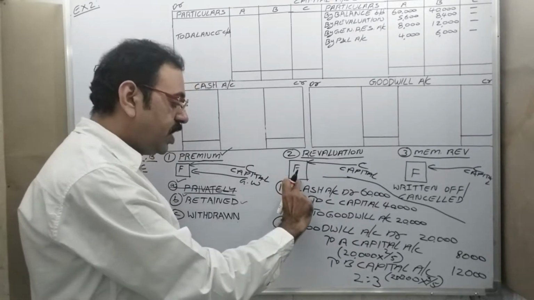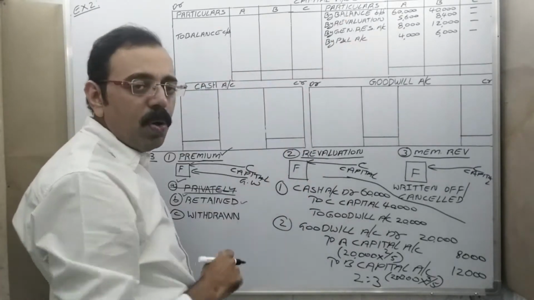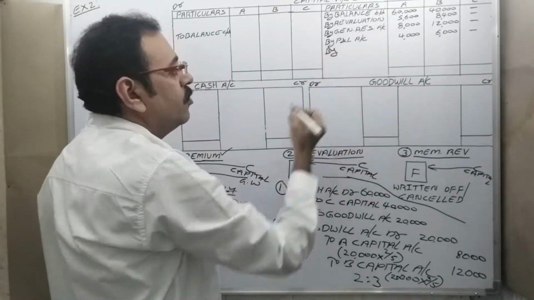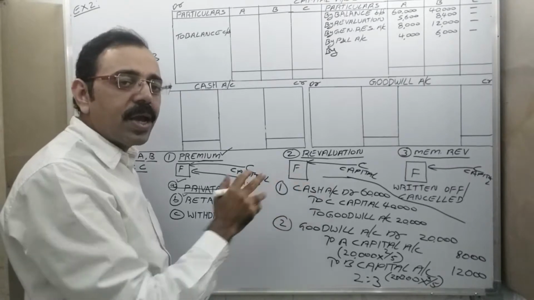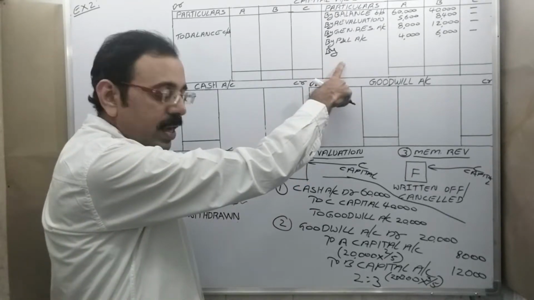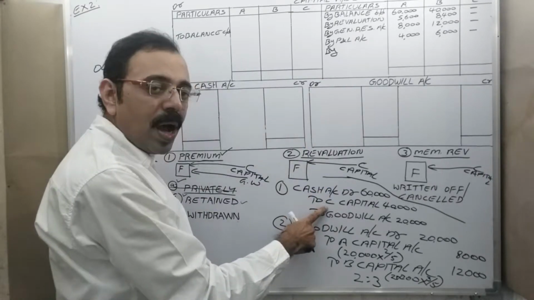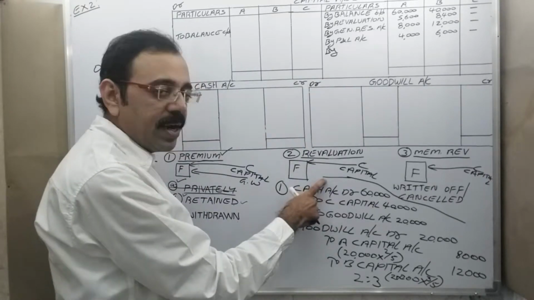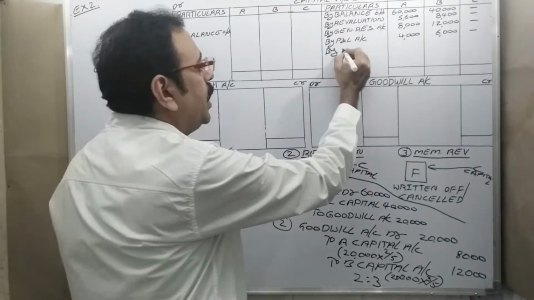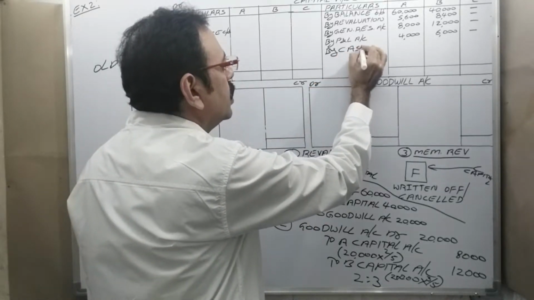Therefore, this entry on the credit side we should post. On the credit side, by what to write? Other side account name. Capital accounts we are preparing. Capital is in credit. So the other side is nothing but the debit side. Which account name did we write? Cash account. Write down that account name.